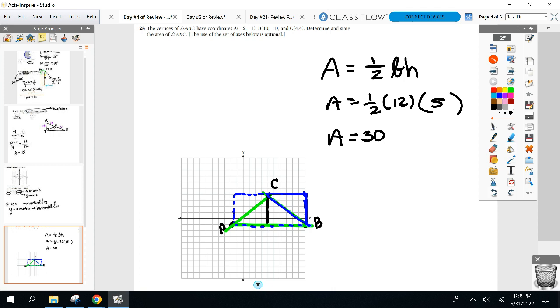Find the area of the box, and then I'm not even going to waste time anymore. The two right triangles. Okay.